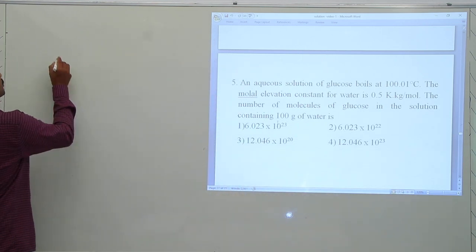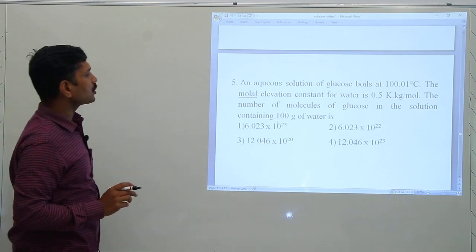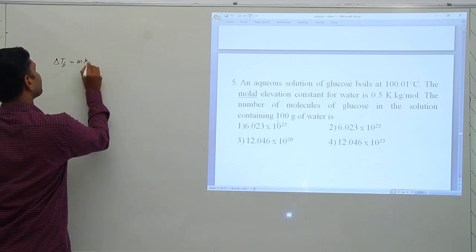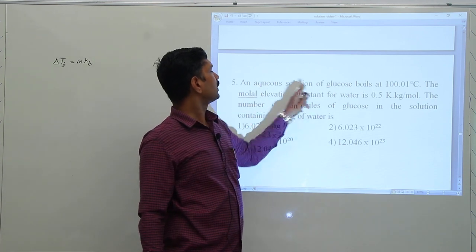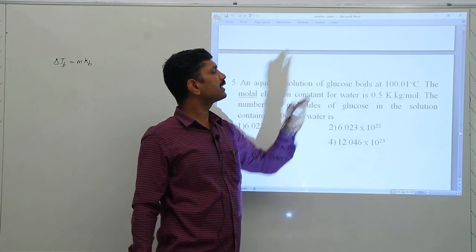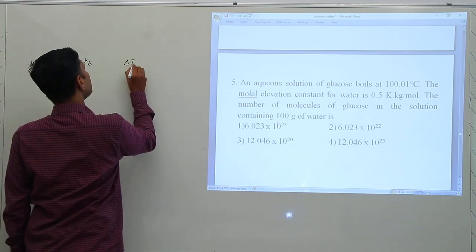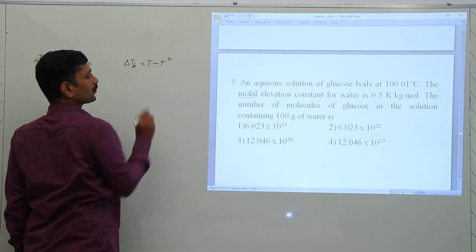So delta Tb is equal to M into Kb. Here, this is an aqueous solution of glucose that boils at 100 degree. So first find delta Tb. Delta Tb is equal to T minus T naught.